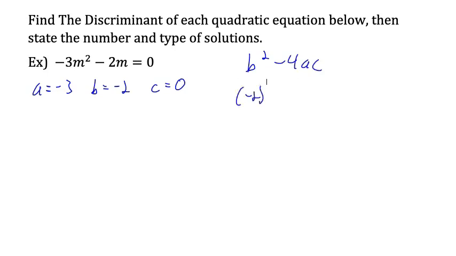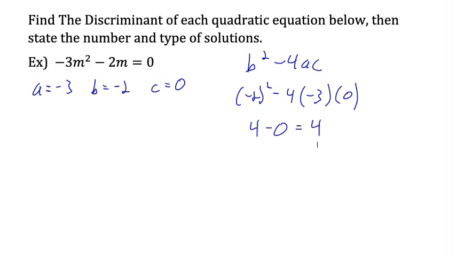That's negative 2 to the second power minus 4 times a times c. All right, negative 2 squared, that's positive 4, because negative times negative is positive. Anything times 0 equals 0, so this would be minus 0. Or in other words, the discriminant equals 4.